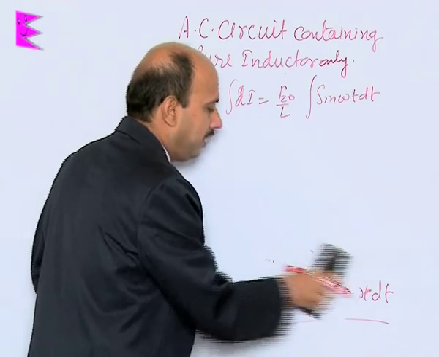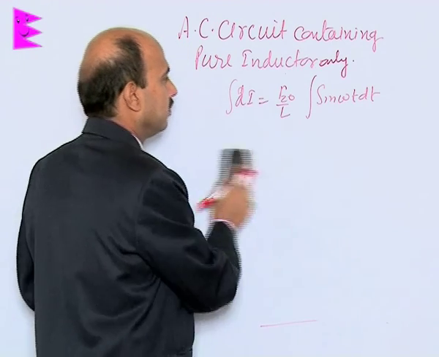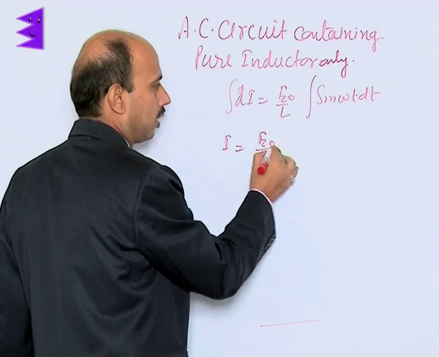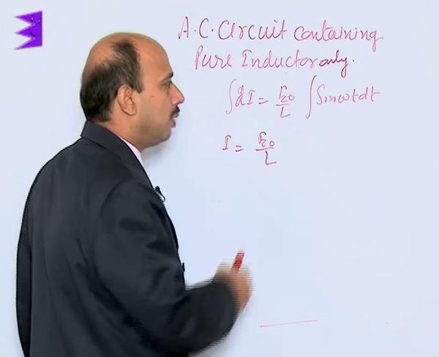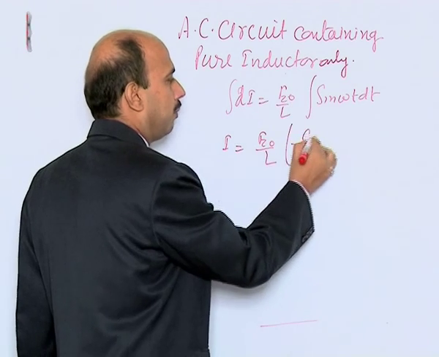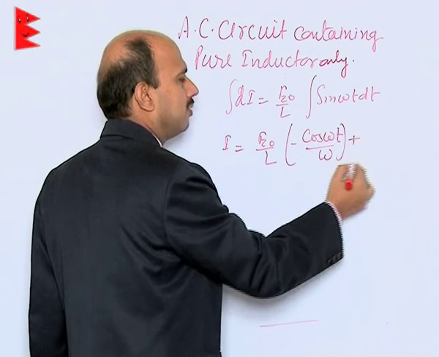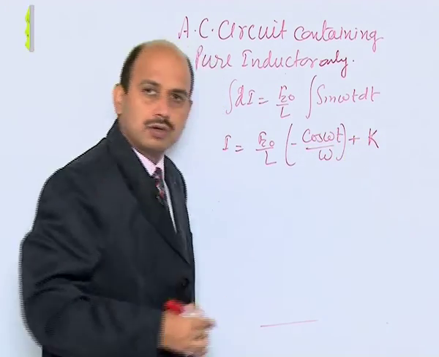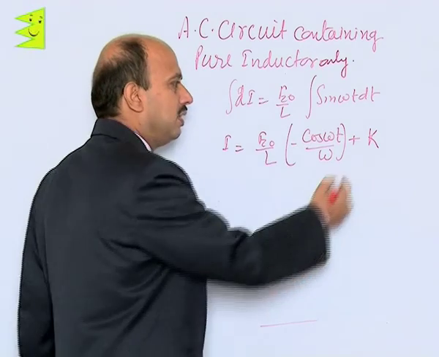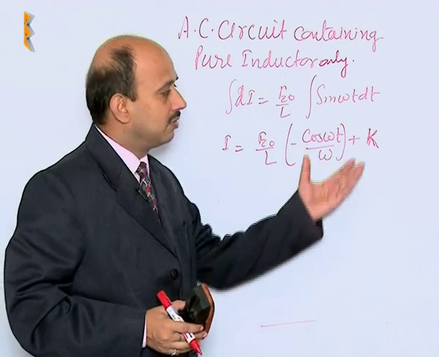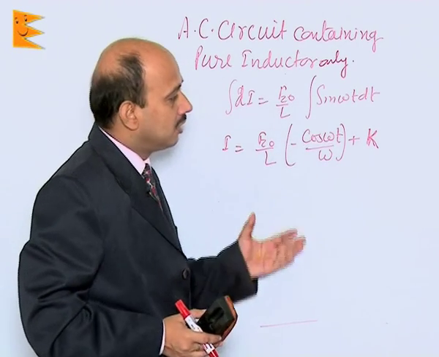Now when we integrate this, we write I is equal to E naught upon L times the integration of sin omega t, which is minus cos omega t upon omega, plus any constant k. But this constant has the same dimension as current, and it is time independent.